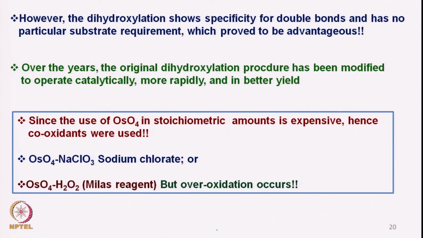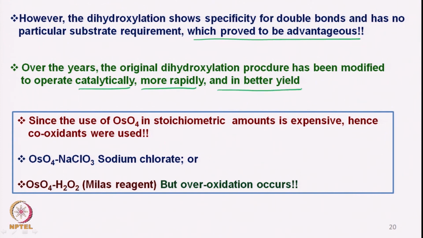However, since there was this very important observation that any kind of double bonds can react, there was a need to improvise this particular procedure, as this proves to be a very advantageous situation. Therefore over the years the dihydroxylation procedure has been modified to operate catalytically and more rapidly and giving better yield.